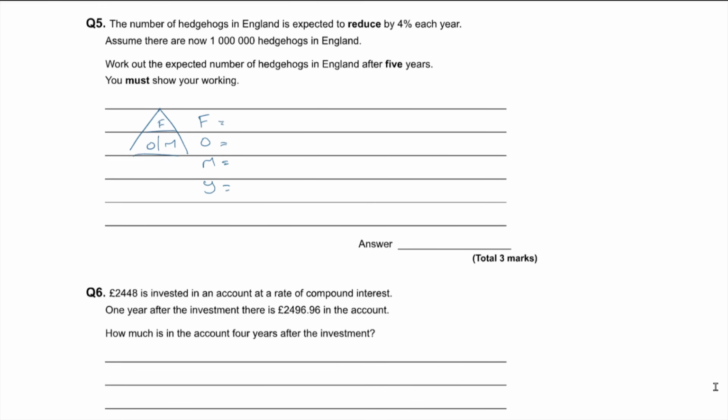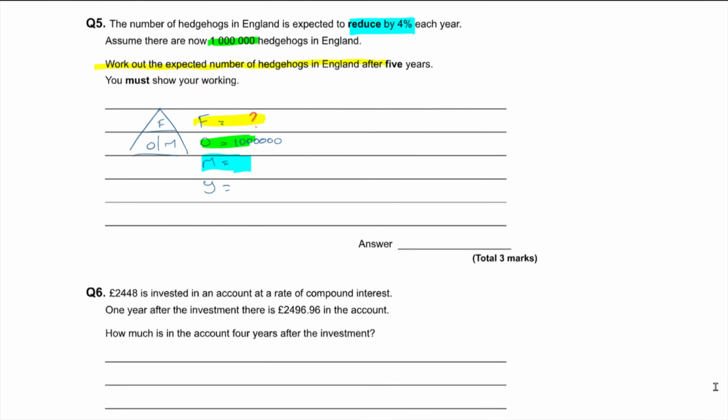Right, so what we've got here, the final, that's what we're trying to find, isn't it? Work out the expected number of hedgehogs. Then the original, what's the original? We're starting with 1 million hedgehogs. It's actually not a lot of hedgehogs if you think about it. And then the multiplier, what's that? That's going to be a reduction of 4% each year.